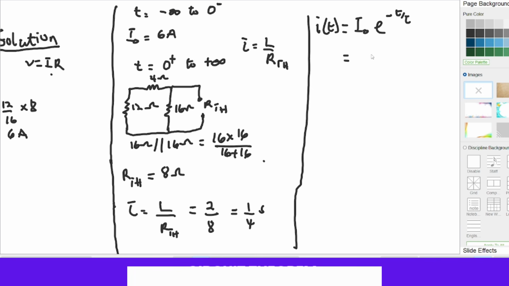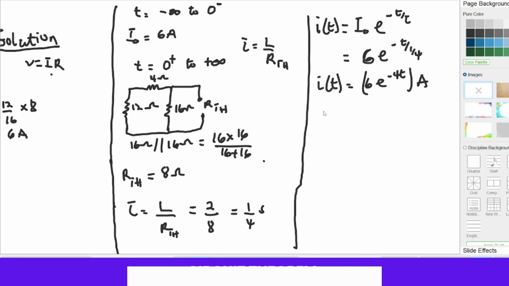So I can say my I naught is 6 amps, 6 e exponent negative of t over my tau. My tau is 1 over 4. Hence I can say 6 e exponent negative 4t, all in amps. So this is my I of t.